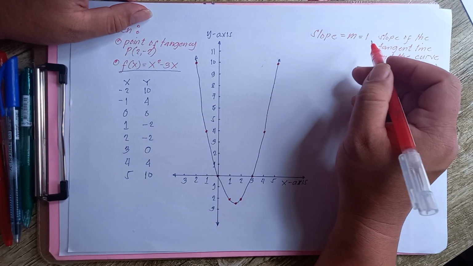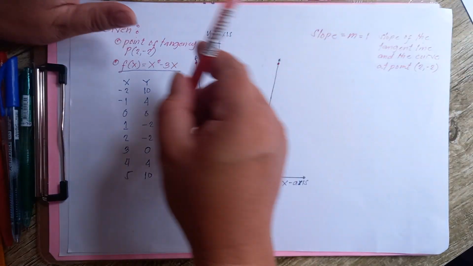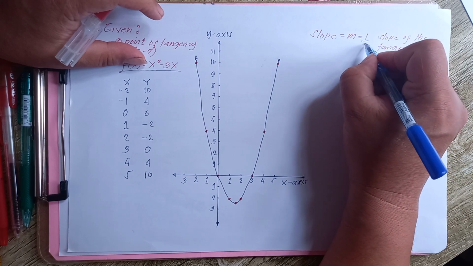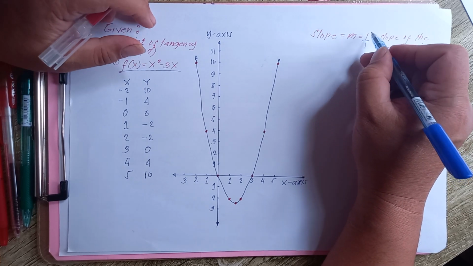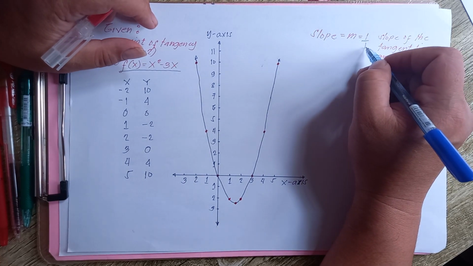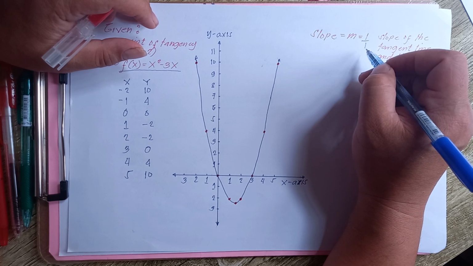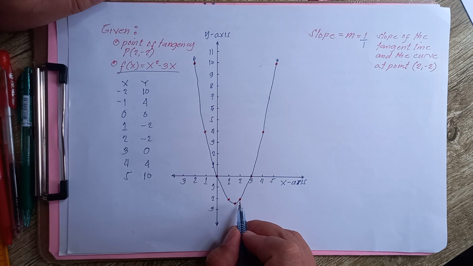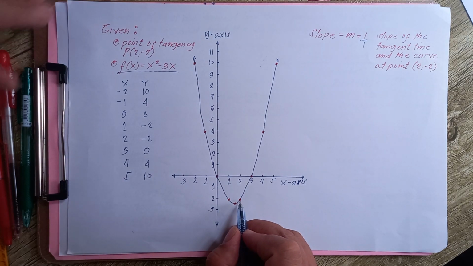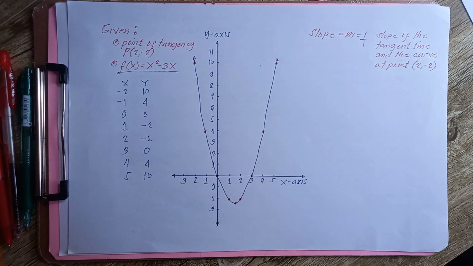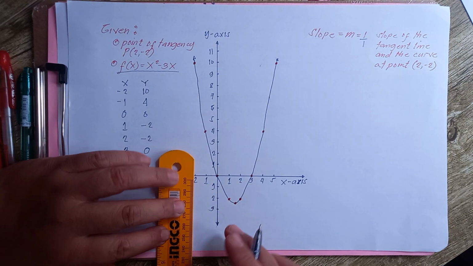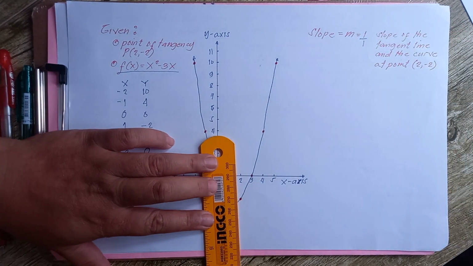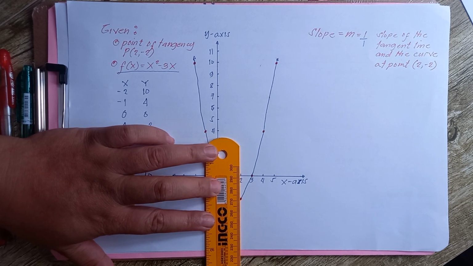So if we are going to have the change of x and change of y, this is the same as 1 over 1. So change of y is 1, change of x is 1. So if this is our point of tangency, we can count. From the point of tangency, we count 1 unit upward. So we have it in here.